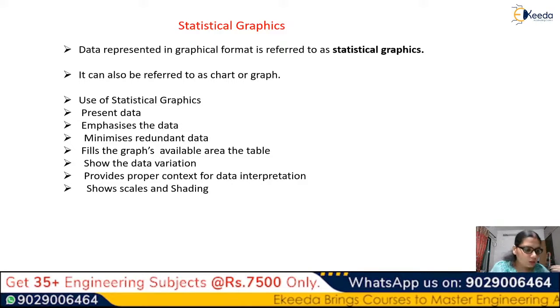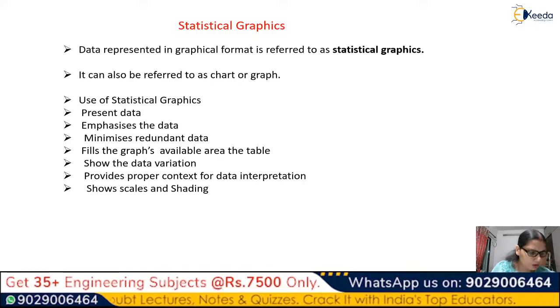When I want my firm, my company, to look into figures and statistics, like whether my company has a profit, what loss I suffered, how much profit my company has earned, that means how my data is represented in a statistical way. It can be referred to as a chart or a graph.